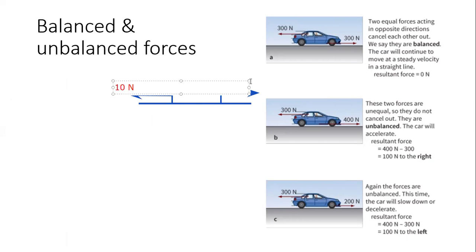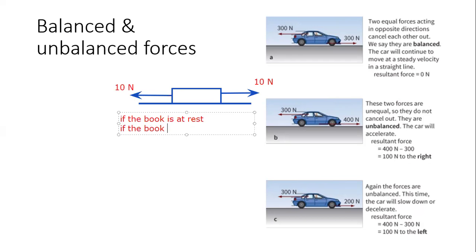This can be present in a real situation only if the book is at rest, or if the book is moving with a steady velocity. Let's assume v is equal to 2 meters per second. Right. So these are the two conditions according to Newton's first law.